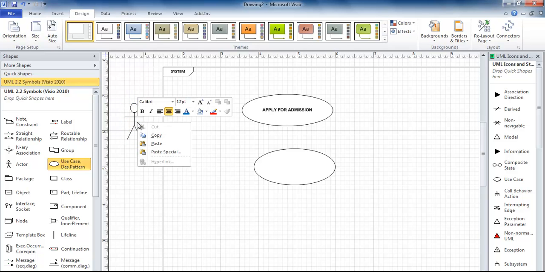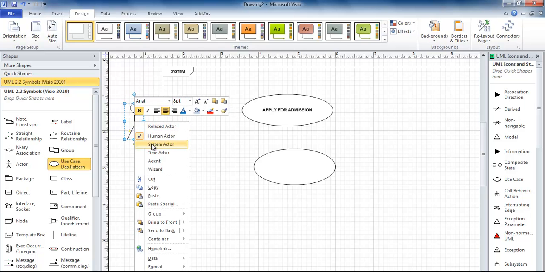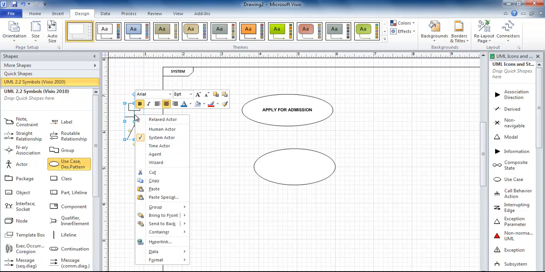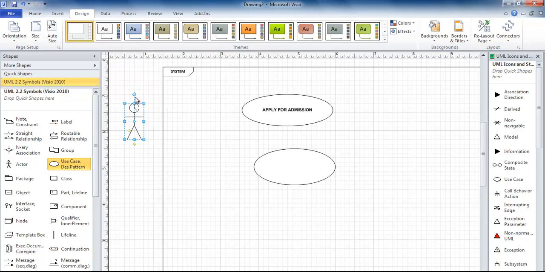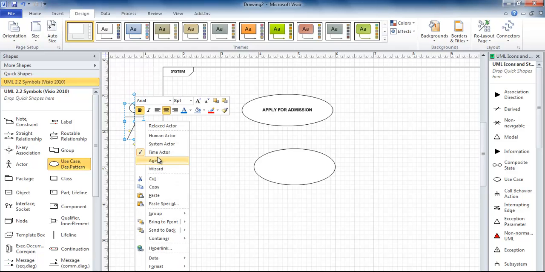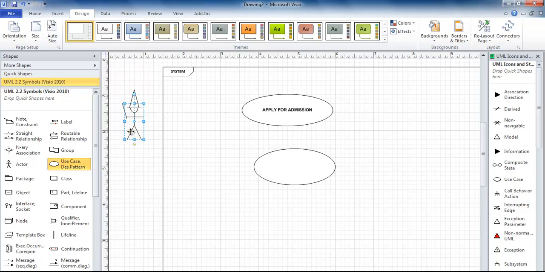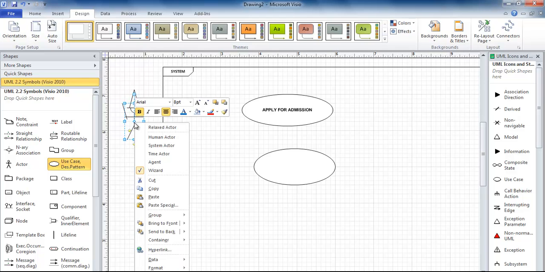Now this is a human actor, this is a system actor. You can change it to the system actor if you want, or you can just write a system there, or you can say time actor. The time is also an actor, as I have already defined to you, and then you can say agent, a wizard, and so on.